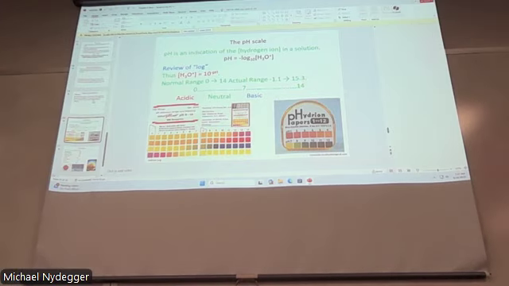So log scale is where you're basically counting by tens or orders of magnitude. If I have an acid whose pH is equal to, say, 4, and I have another acid whose pH is equal to 2, this is going to be more acidic.